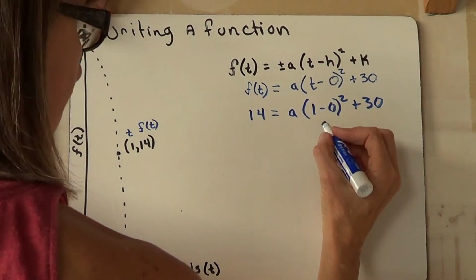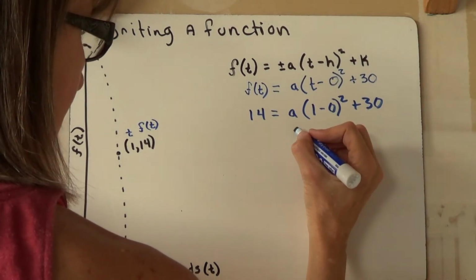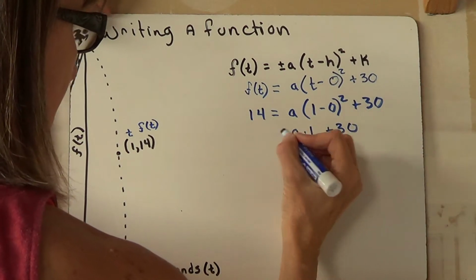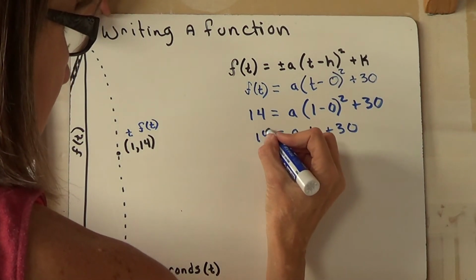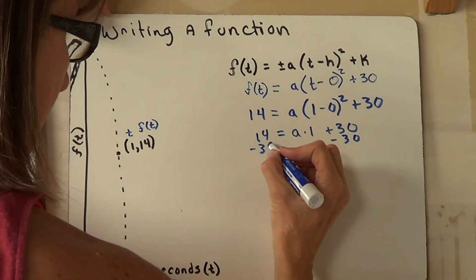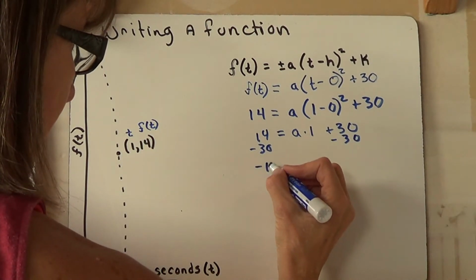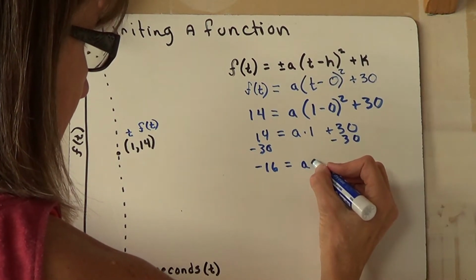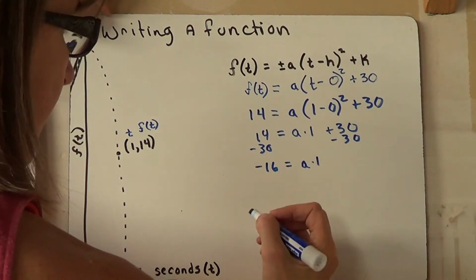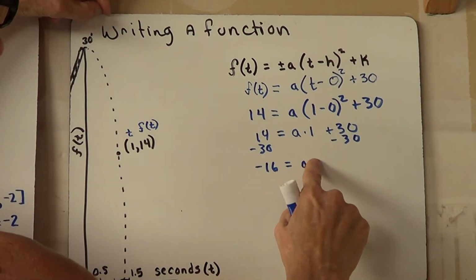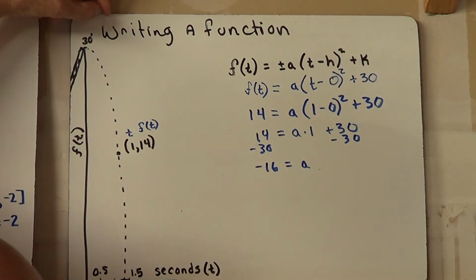So 1 minus 0 is 1, 1 squared, that's a times 1 plus 30 equals 14. So we subtract 30 from each side. We get negative 16 equals a times 1. So that tells us that a is equal to negative 16.